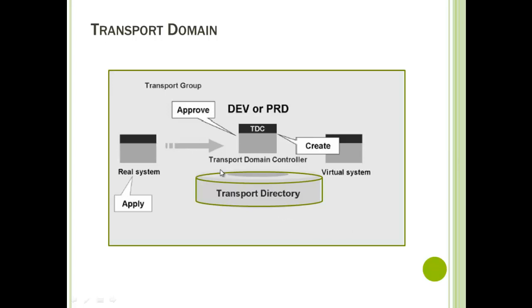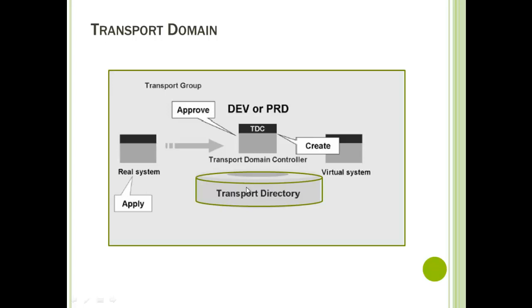One more thing we have to keep in mind, which is very important: in order to transfer the SAP development from one system to another system, the entire SAP landscape which we are going to design should be at the same support pack level, or we can say the same release. Okay, it should be the same release with the same support pack level.